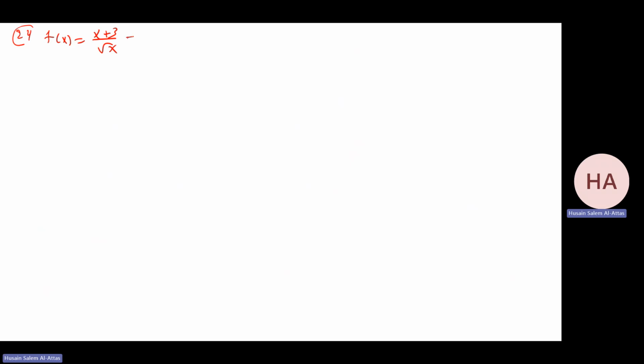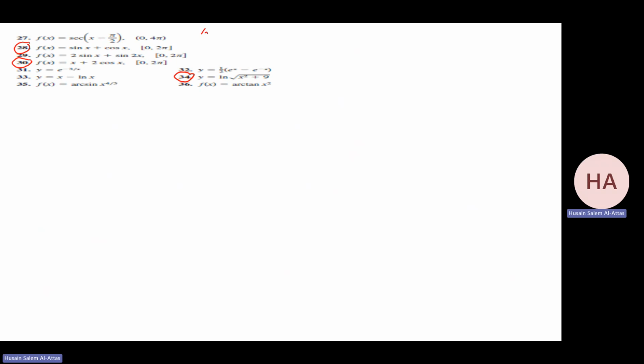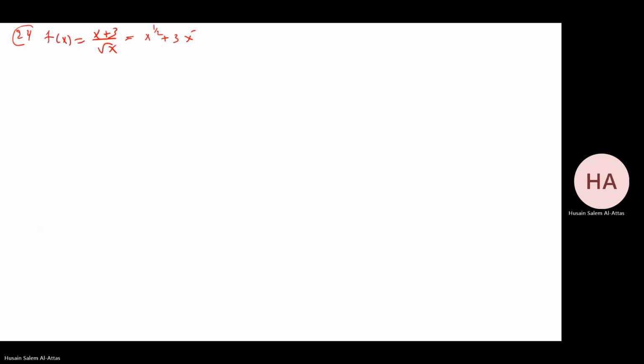Well, first I can rewrite it as x to the power half plus 3x to the minus half. Now f prime would be half x to the minus half minus 3 over 2 x to the minus 3 over 2. f double prime will be minus 1 over 4 x to the minus 3 over 2 plus 9 over 4 x to the minus 5 over 2.